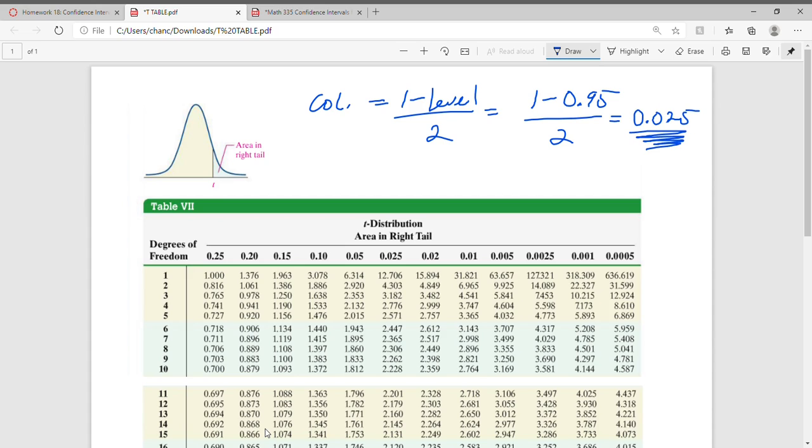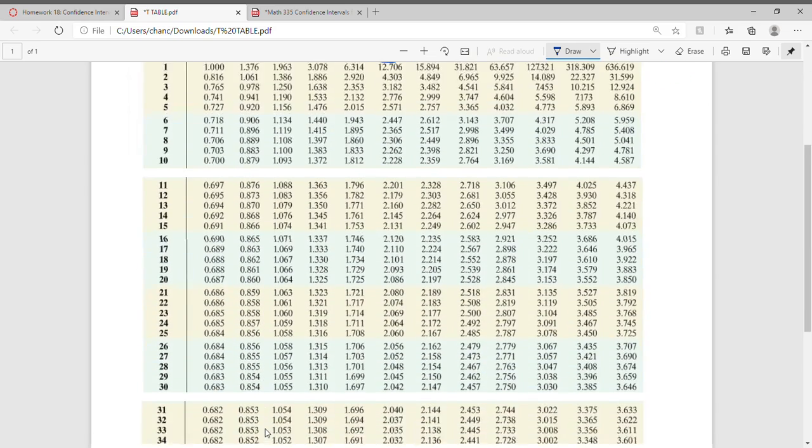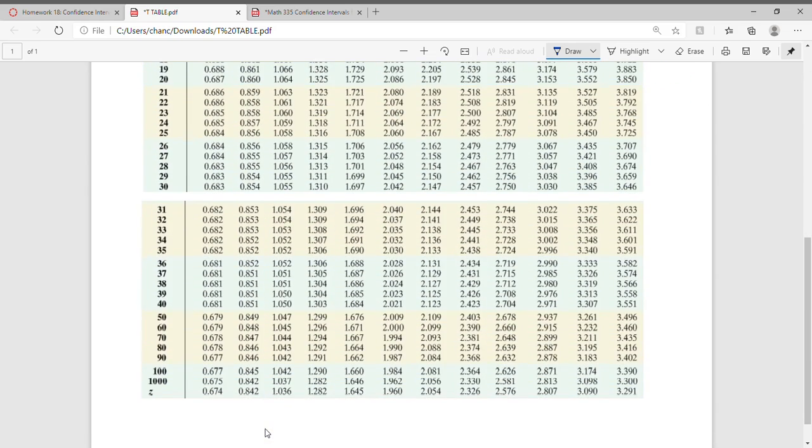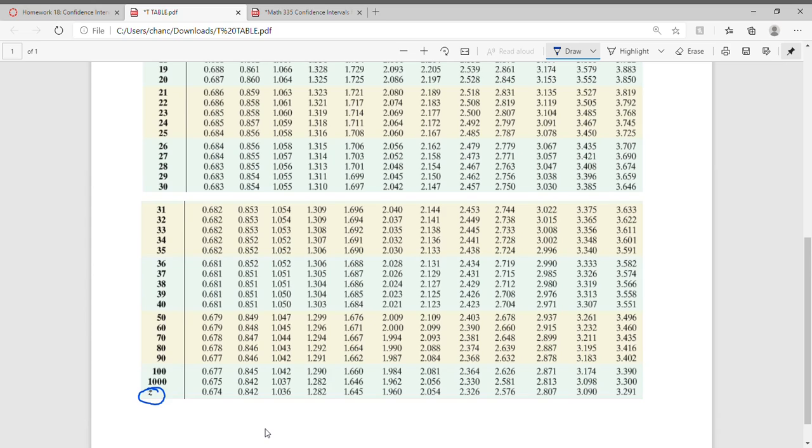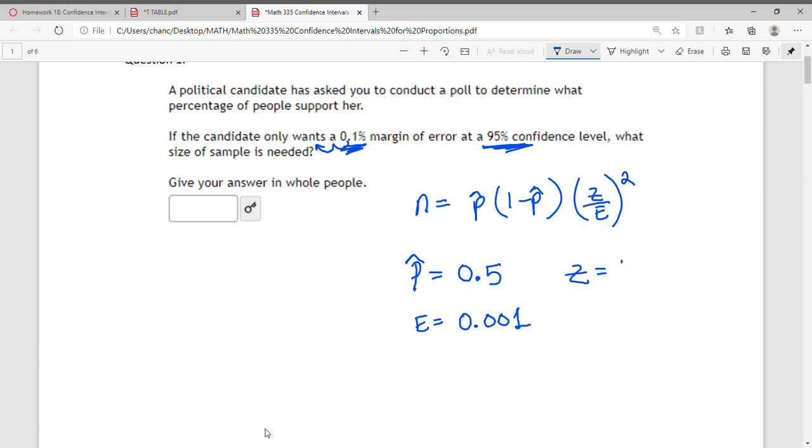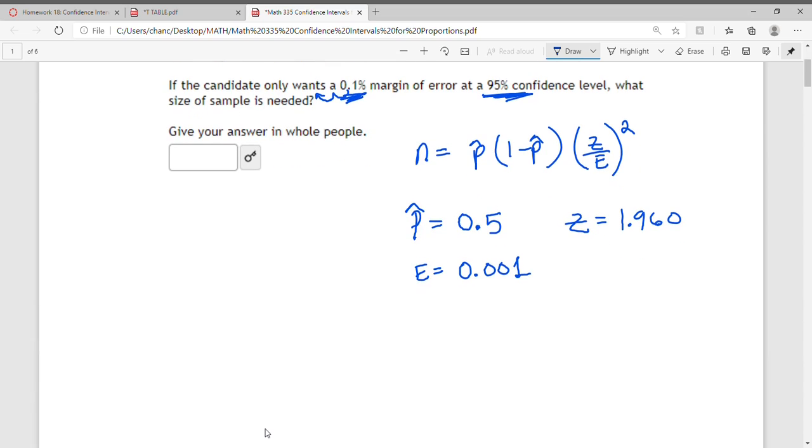That's the column that we will use, 0.025. For the row, we will use row Z. And that means our Z is equivalent to 1.960. Z equals 1.960.